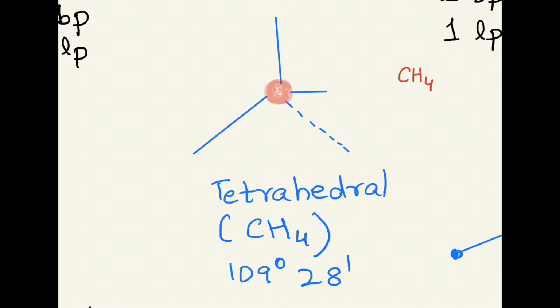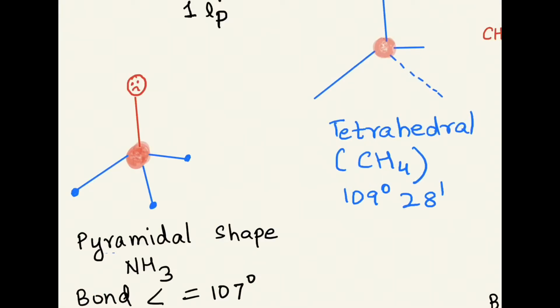And what happens when a lone pair of electrons comes in? Let's see. As soon as the lone pair comes in, it takes up the place of one of the atoms. So we still have 4 pairs of electrons to take care of.